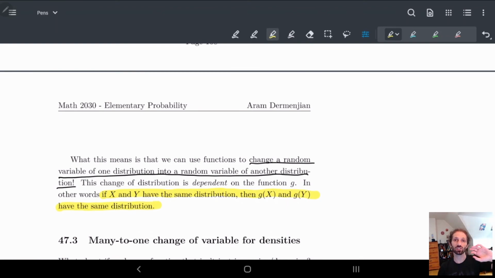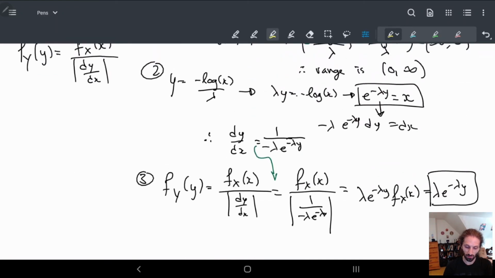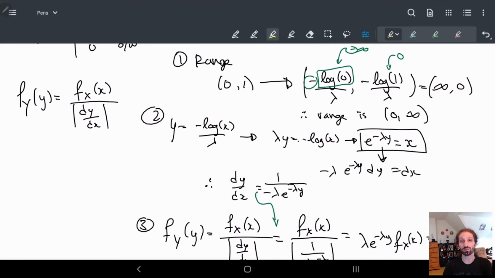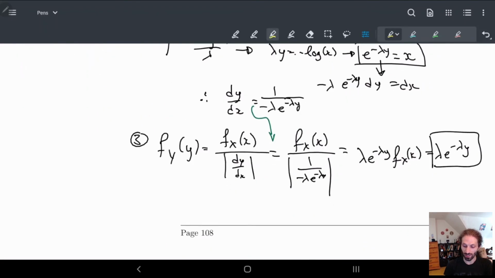It can't magically have two things of the same distribution change into two totally different things. If it changes them, it always changes them in the same way. So if I started off with a uniform distribution, I'm always going to get an exponential, because that's what I got here. That's what we mean when we say it's dependent on the choice of function.